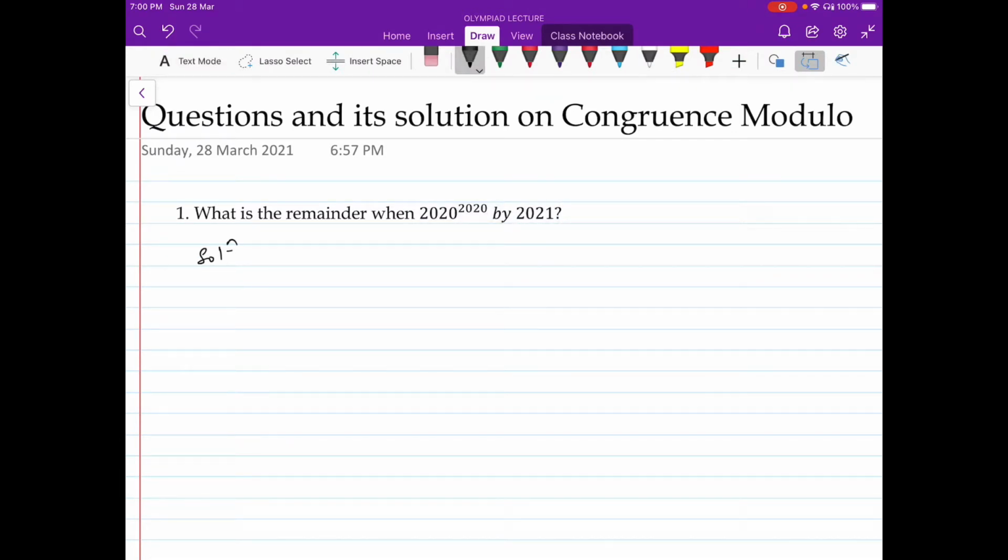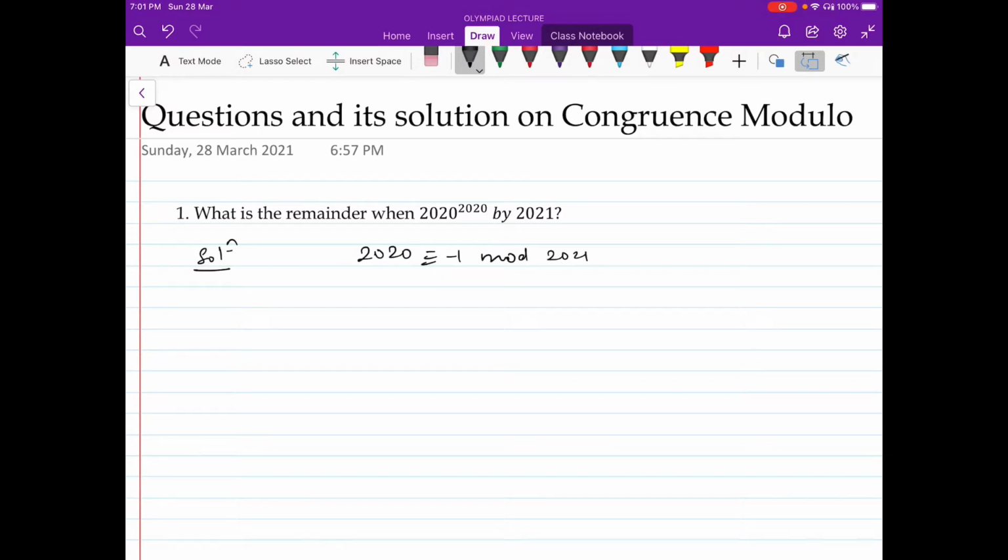This question will be very easy if you apply the concept of congruence modulo. With the help of congruence modulo, we know that 2020 divided by 2021 gives 2020 minus 1, that is, 2020 is congruent to minus 1 mod 2021.